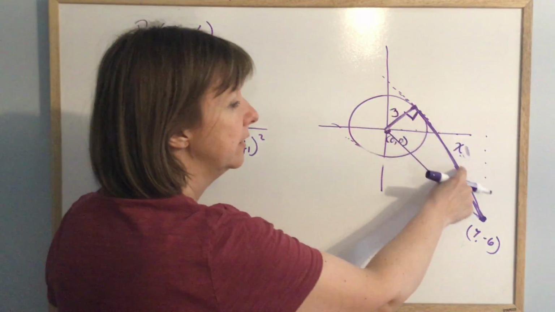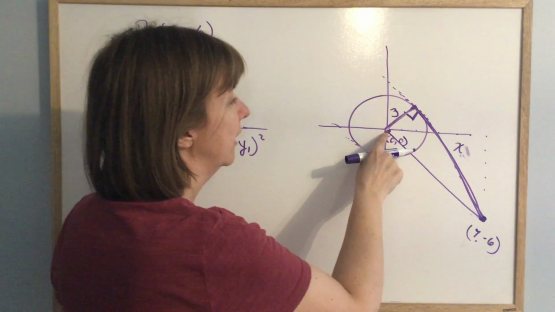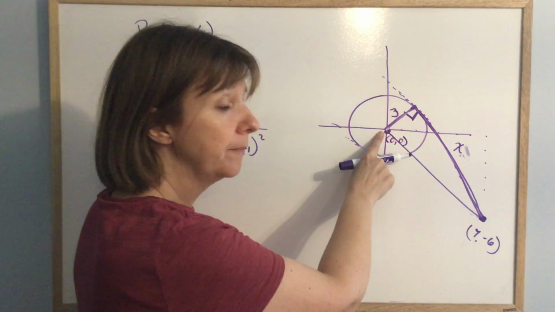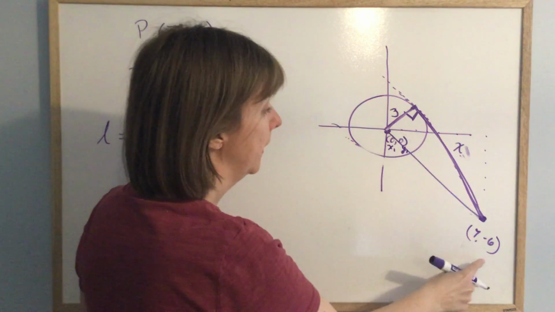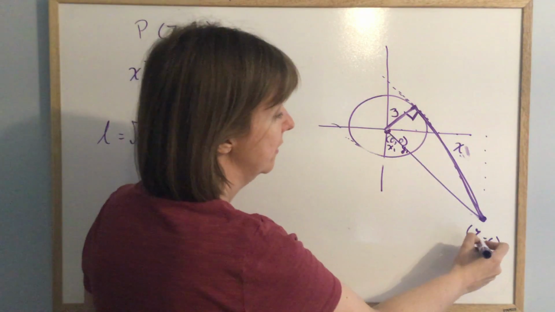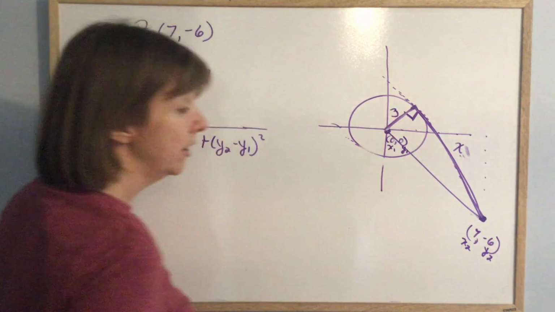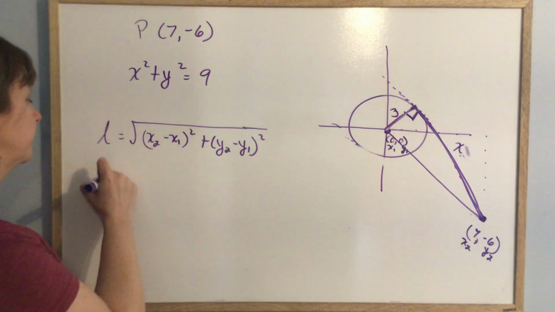I can't find the length of this line, but I can find the length of this one because I know it starts at (0, 0). So let's call that an x1 and a y1, and I know that it ends here, so let's call that an x2 and a y2. So I can find the length of that line.